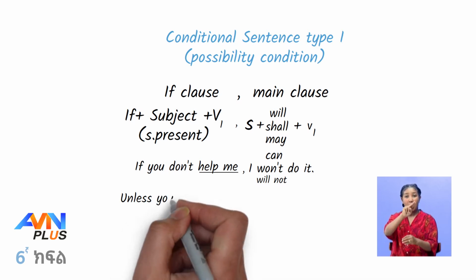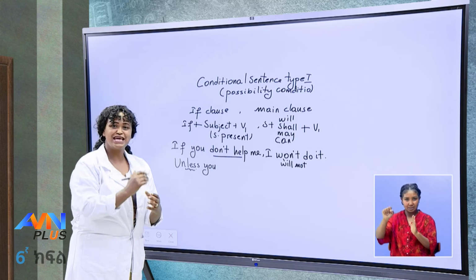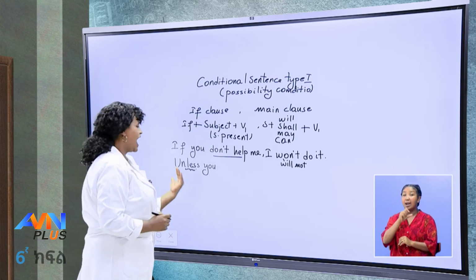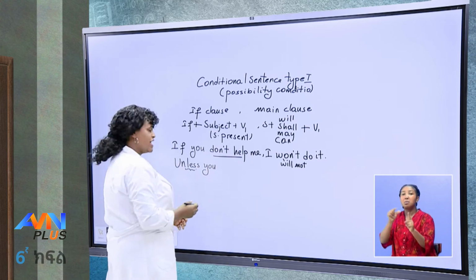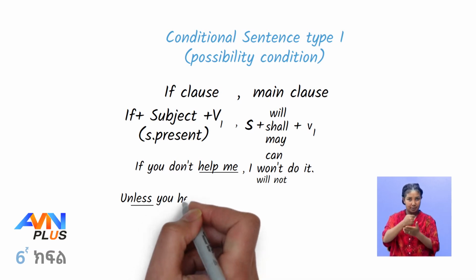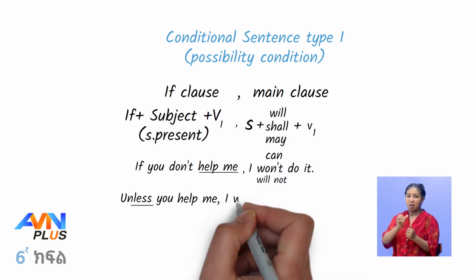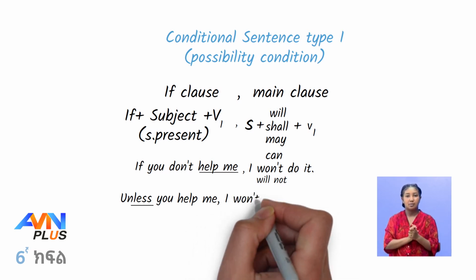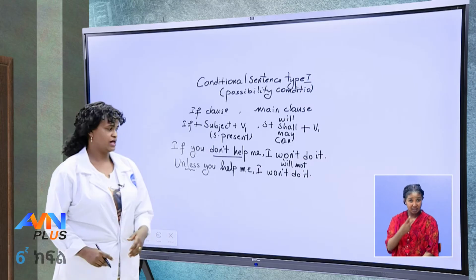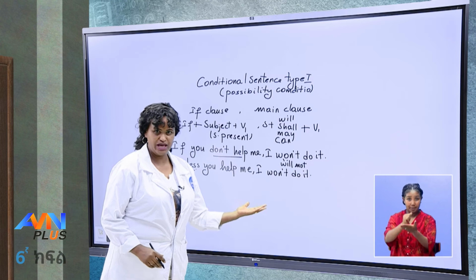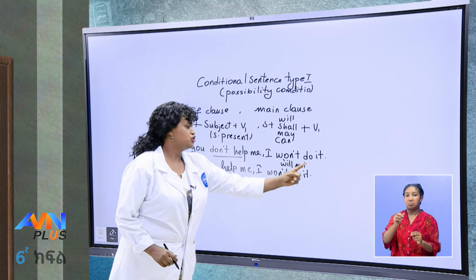Since unless has a negative sense by itself, you are setting a precondition. If you don't help me means, in other words, unless you help me. Unless you help me, I won't do it. You see? Unless you help me means if you don't help me, I won't do it.